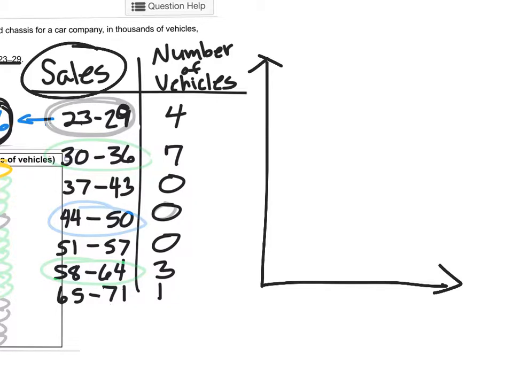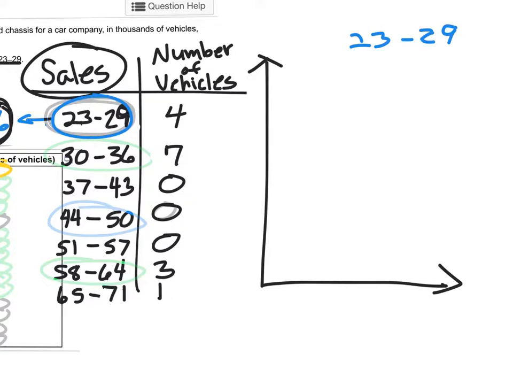So the middle of your bar is going to be the midpoint of the interval. And let me show you what I mean by that. Again, you're going to have to forgive me, I'm a really lousy drawer, so I'm going to apologize in advance. Let's take our first interval, 23 to 29. If you find the midpoint, that is the number in between 23 and 29, and there's a few different ways you can do it.